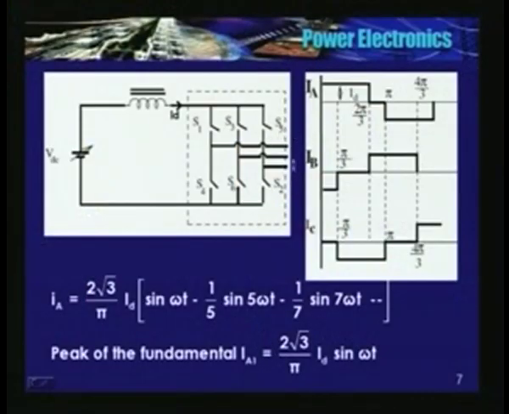Now take for example a three-phase current source inverter. Again, I am assuming S1 to S6 as switches, those so-called self-commutating switches, maybe GTOs.